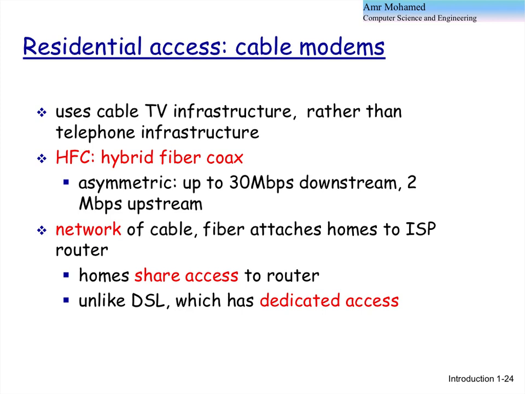So in the past, we used to have what we call cable TV. Cable TV is still a technology that exists in some of the countries, where we have an infrastructure for TV broadcast, not through the satellite as we know it today, and not through IPTV. No, we used to have an infrastructure particularly designed to provide TV services or TV broadcast. Okay, so we used to call that cable TV.